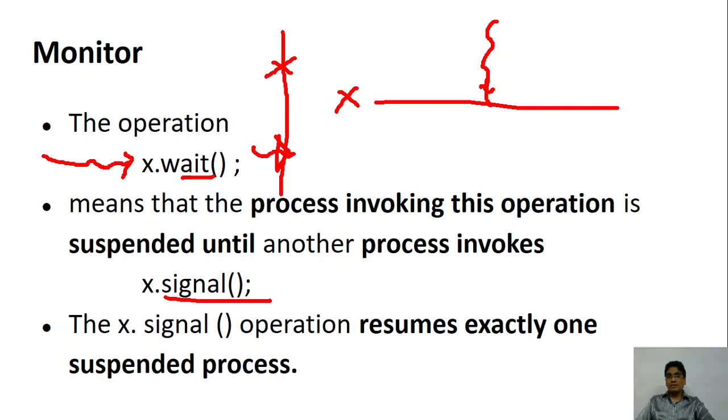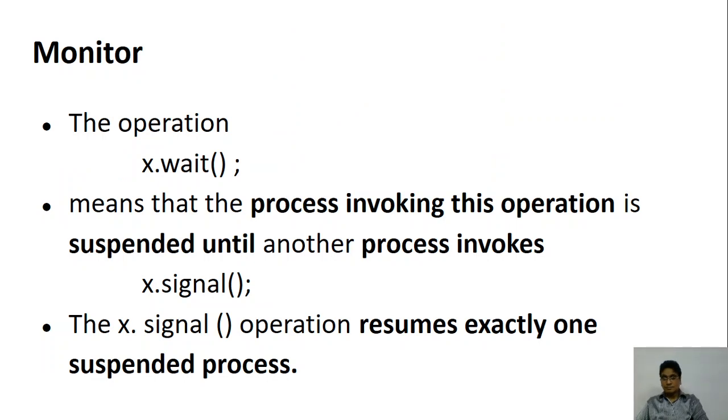When somebody calls a signal, this gate is open and the process can continue. So when you call wait, the invoking process will be suspended until somebody calls a signal on it. Okay, so that is the simple idea.